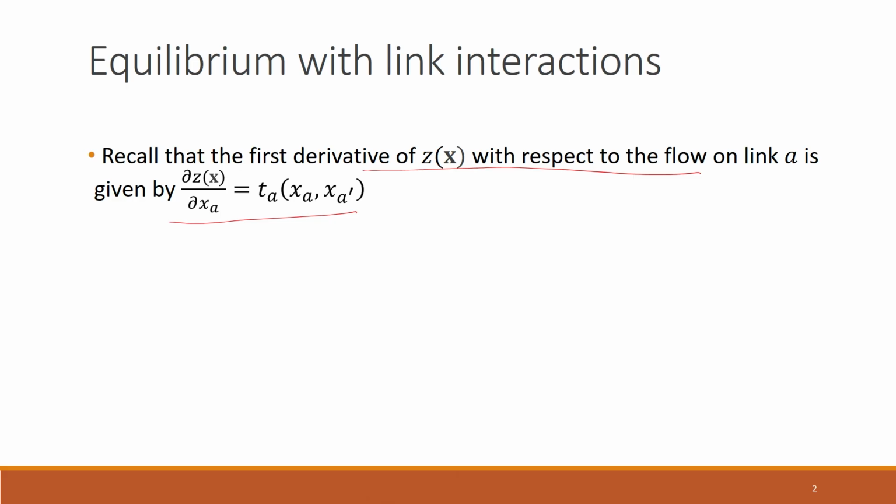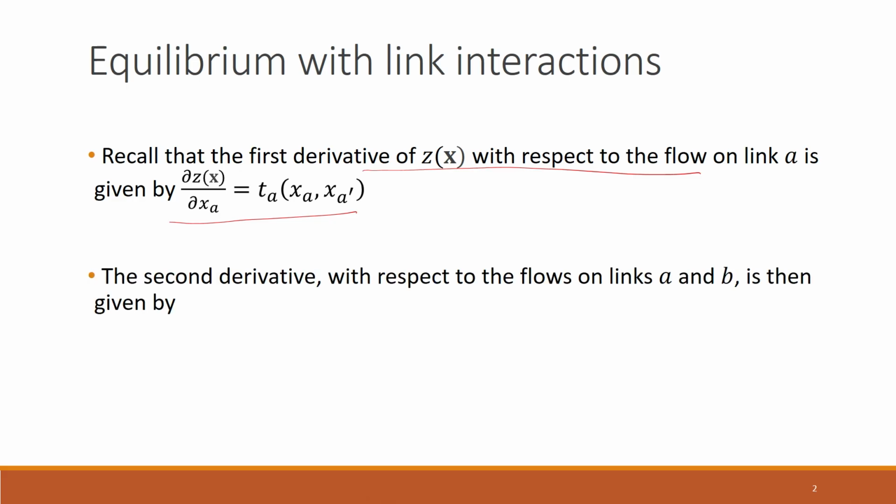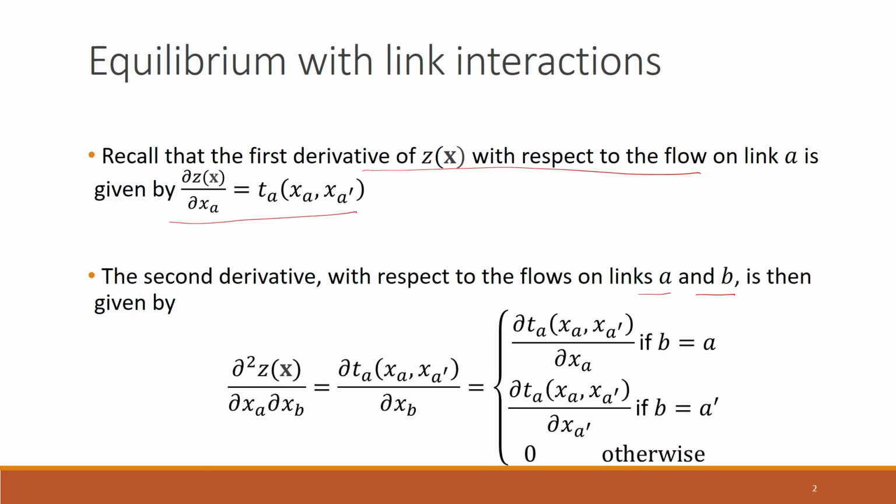Okay. This we had seen in the last lecture. Now, in order to obtain the second derivative, first we will take the derivative of the objective function with respect to the flow on link A and then with respect to the flow on link B. So, this is what we actually get when we do that.